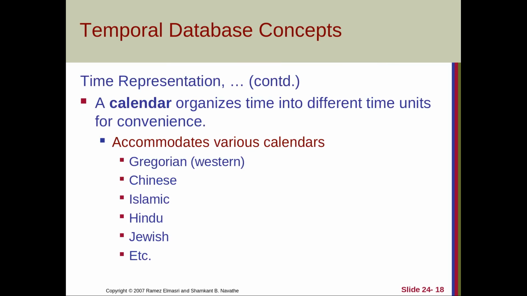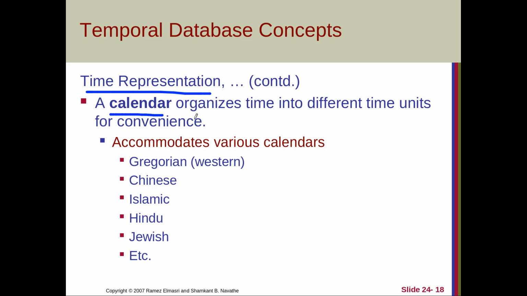Before moving into the details regarding the usage of temporal databases in the database concept, we will see how we can represent time in detail. We have seen the chronon or granularity concept. Now let us look at the calendar. What is a calendar?